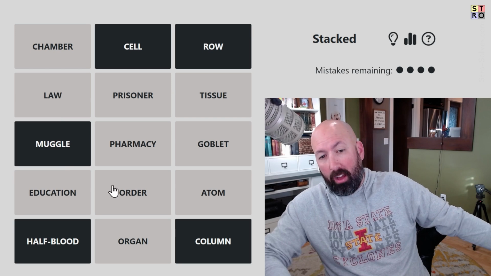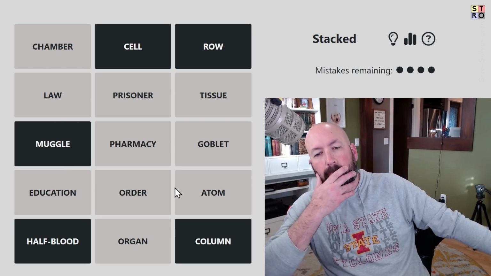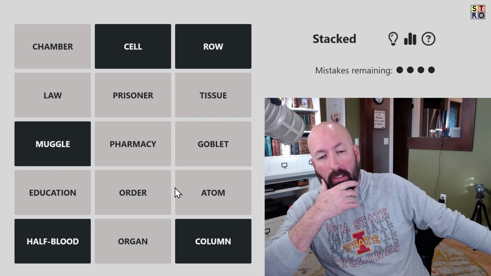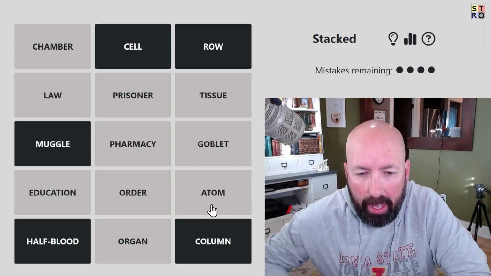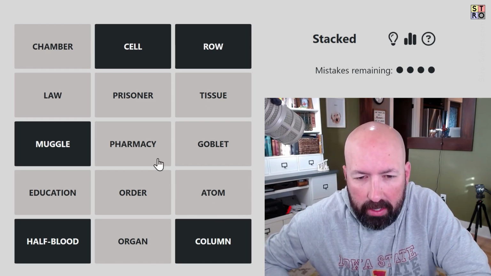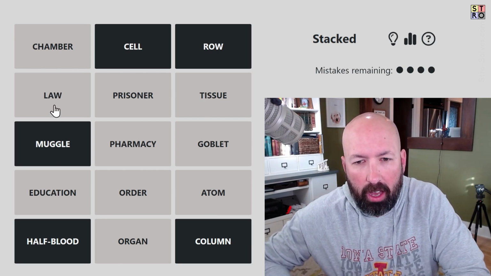Law and order, law, education, pharmacy, a chamber. Ooh, a chamber. Not sure. Organ, atom, organ and tissue. I feel like pharmacy, education, and law could be like areas of study.